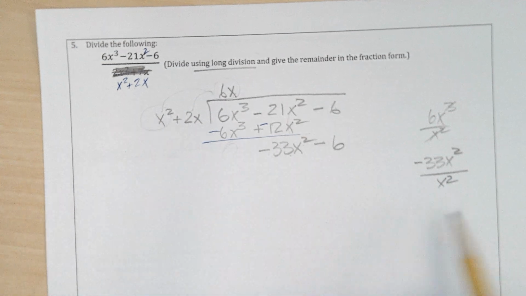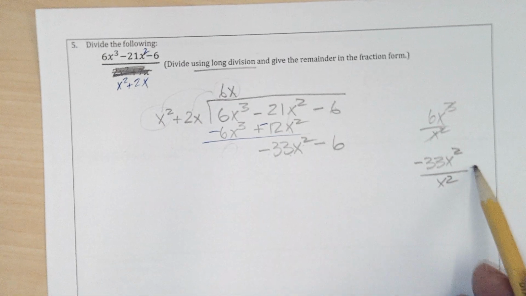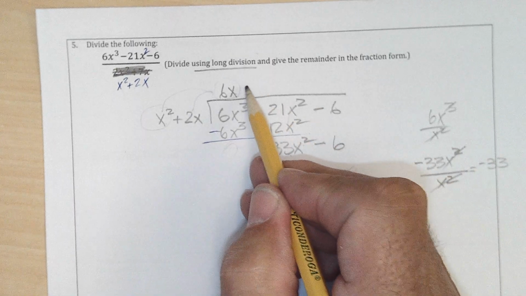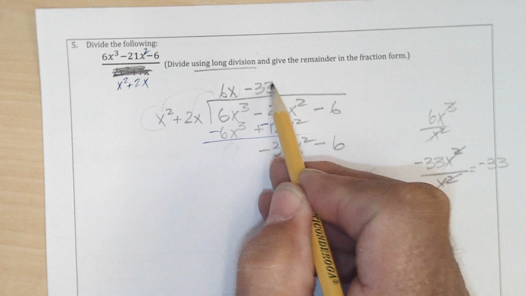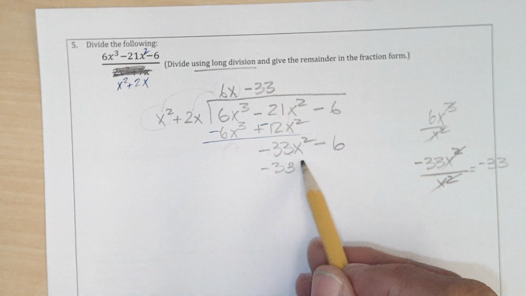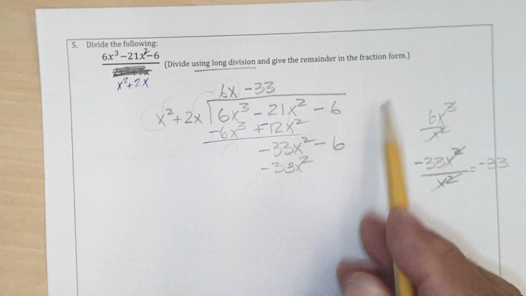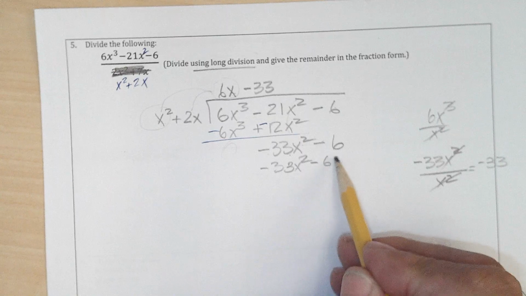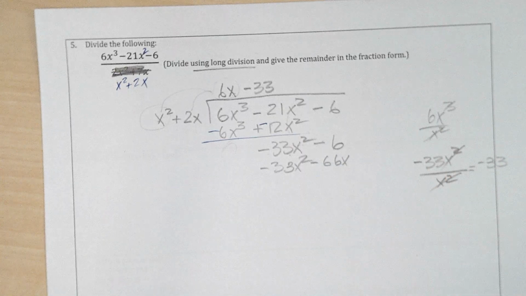This divided by that is just negative 33 because the x squareds cancel, so it's negative 33 times x squared makes negative 33x squared. And negative 33 times 2x is negative 66x.